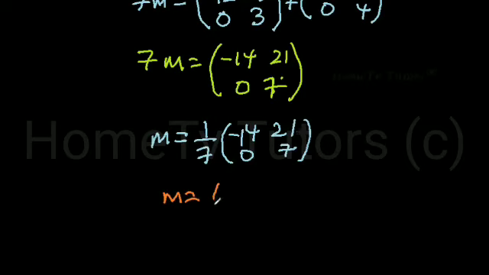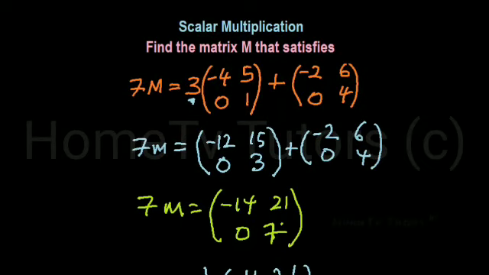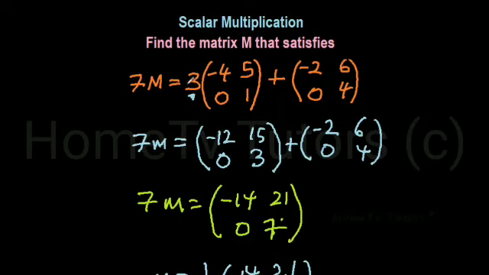So we have 1 over 7 times -14, which will give us -2, 1 over 7 times 21, which will give us 3, 1 over 7 times 0 is 0, 1 over 7 times 7 will give us 1. So the resulting matrix is the matrix M that satisfies the given equation.